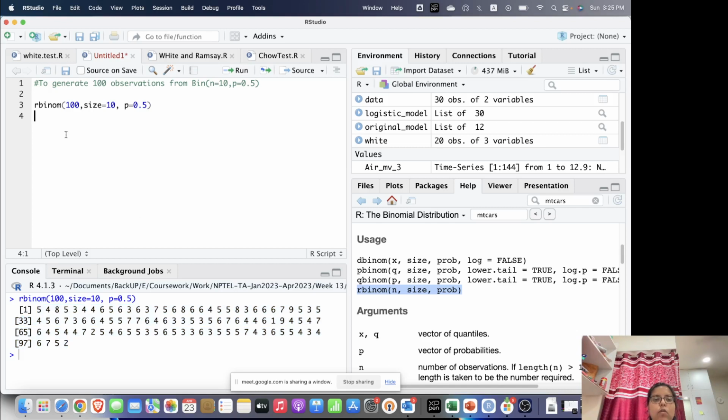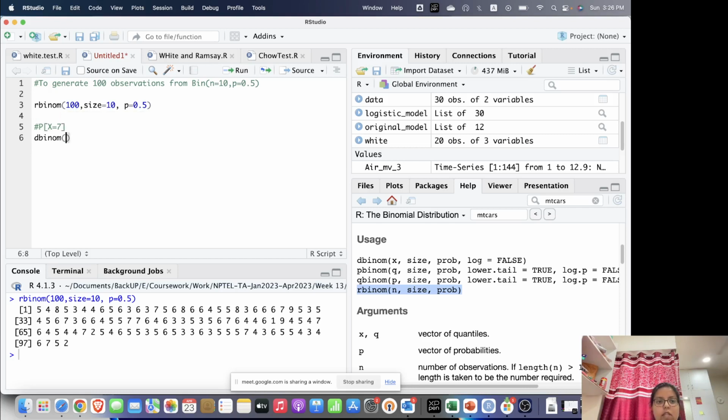Now if I want to find out the probability that an x which is following binomial 10, p is 7, this is the thing I want to find out. Then I have to write dbinom. Dbinom is going to give me my PMF or mass function.